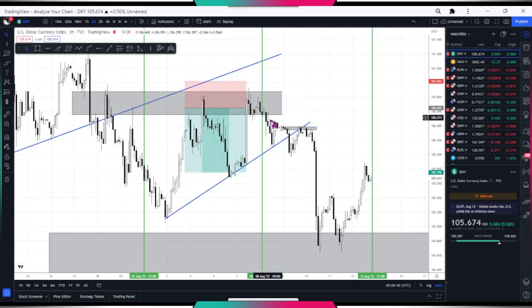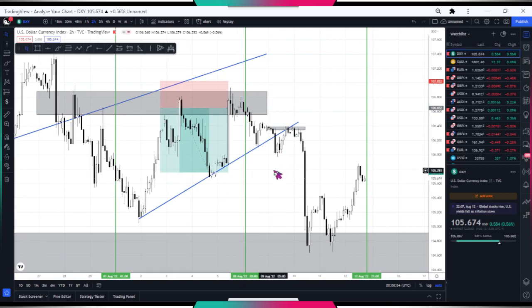It's rejected also and came back to retest this significant trend line here, which was formed as of last week, but it did not have enough momentum to get back to this zone of resistance.